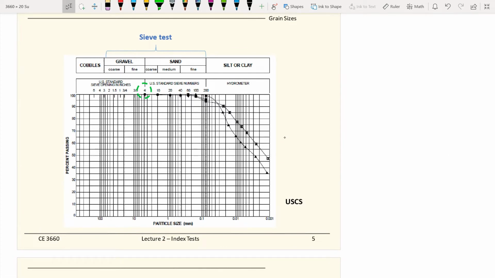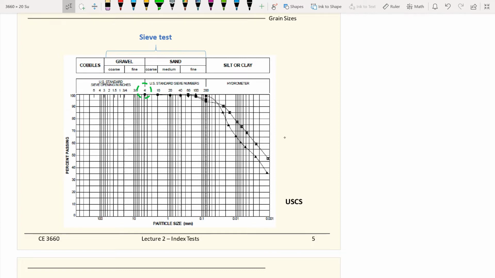After we have the sieve test, we are able to generate the grain size distribution curve, at least part of it, because the size of the sieve means the size of the particles.